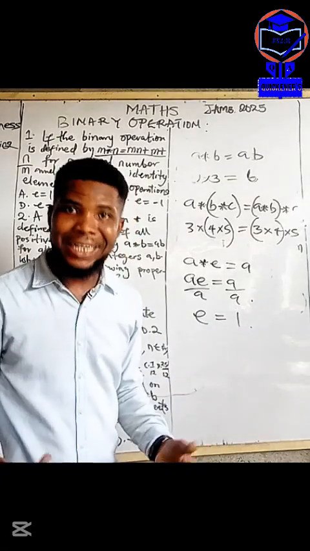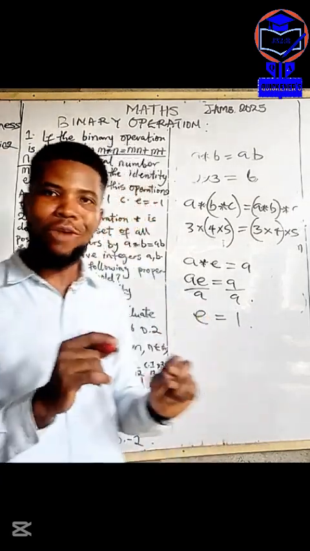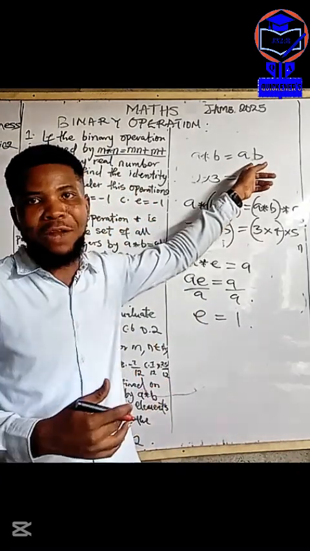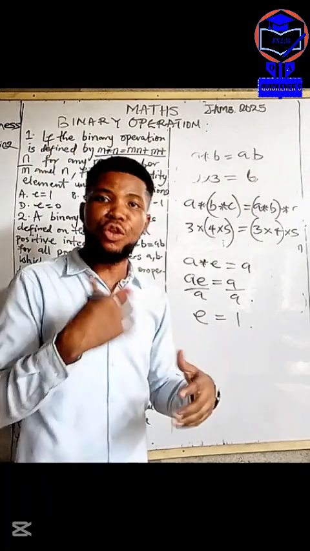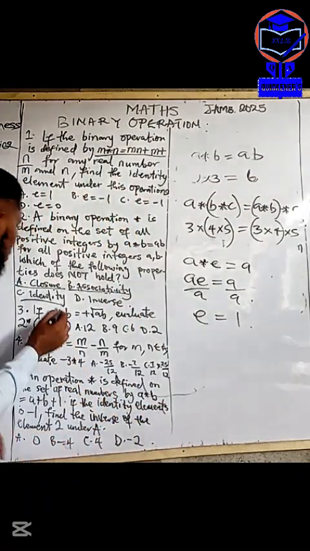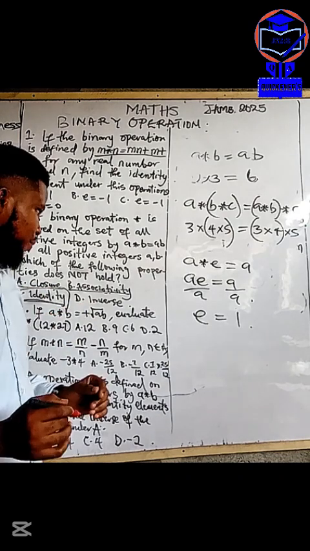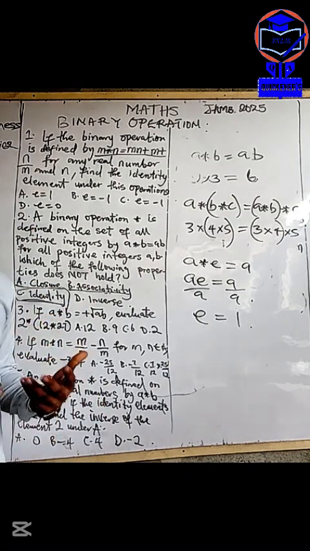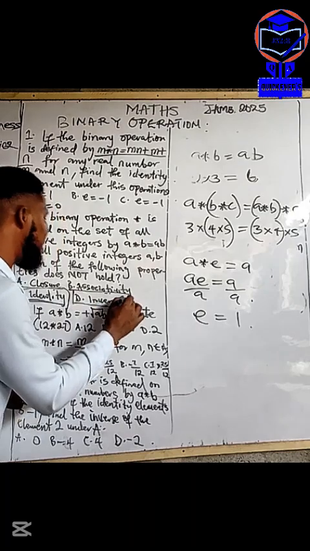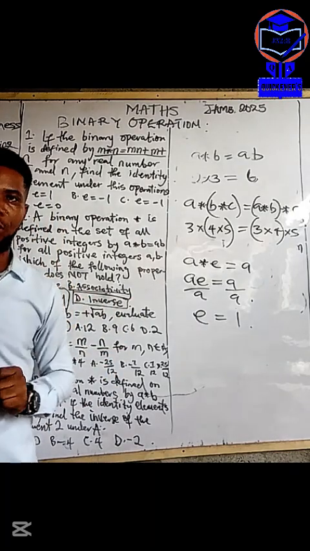I told you earlier that 1 is the neutral element for multiplication. When you are multiplying, 1 is the neutral element, so the identity element exists. Now the inverse: it doesn't work for inverse. I think this is most probably the answer for this question.